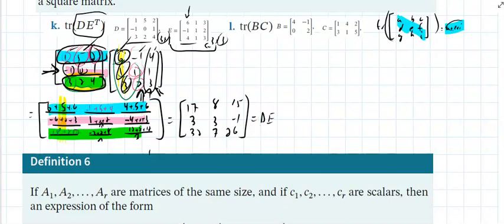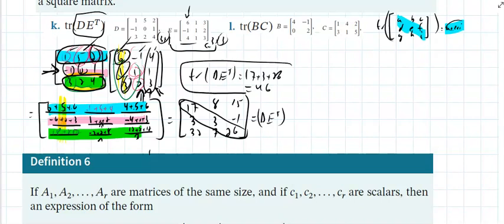There's the transpose. We already did this. If you want the trace of that, you simply add those 3. You will say that's 17 plus 3 plus 26. What is that? 20, 46.